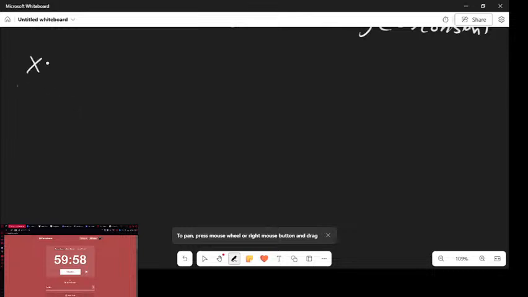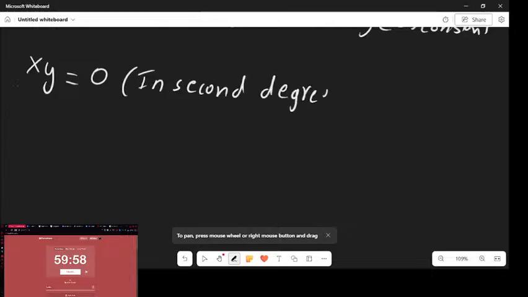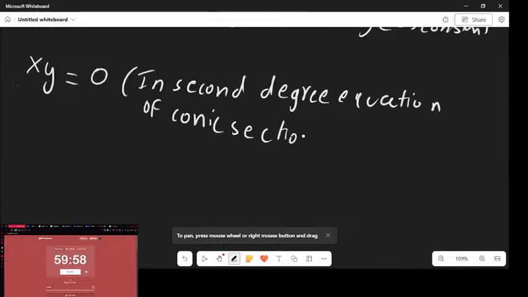In the case of a circle, the xy term should be equal to 0 in the second degree equation of a conic section.